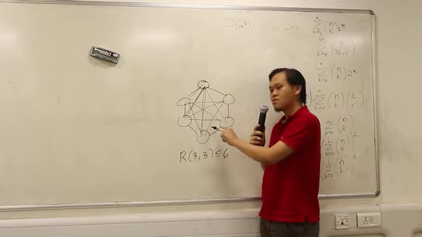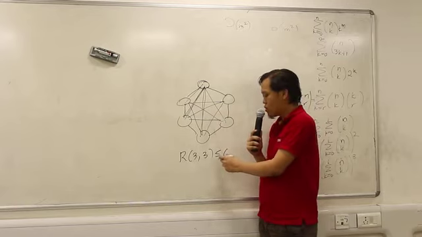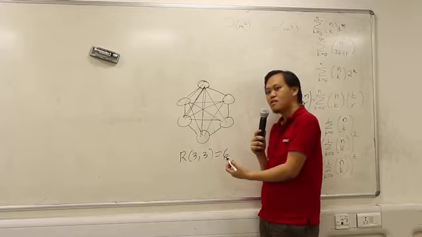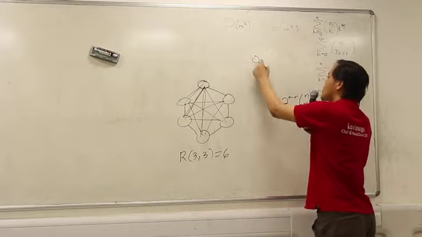Because if you have 6 nodes, then you can always find one. Okay? With another proof, you can actually show that this is a strict equality because you can find a graph of 5 nodes which does not contain a triangle of the same color. And it's very easy to construct, I think.